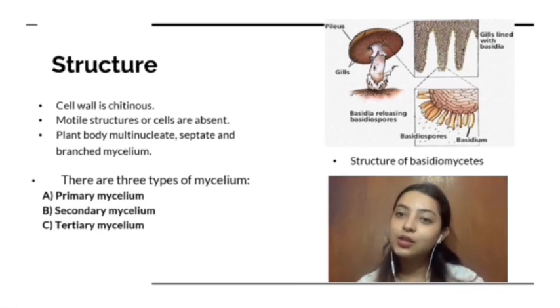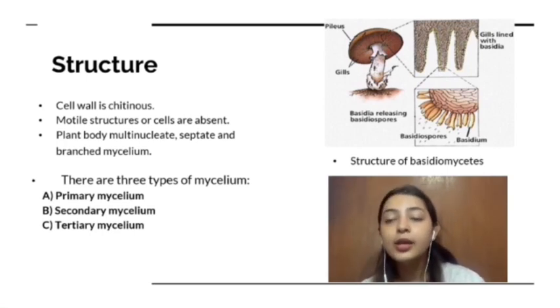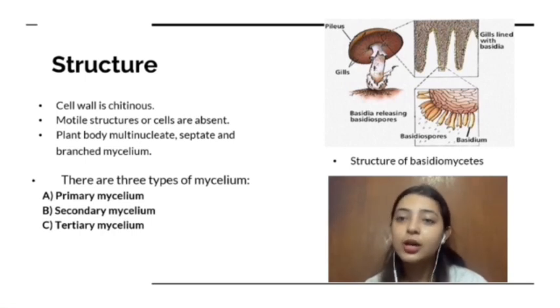There are 3 kinds of mycelium. Number 1, primary mycelium. Primary mycelium occurs with the germination of a uninucleate basidiospore, and this basidiospore will carry either a positive or a negative strand in it.